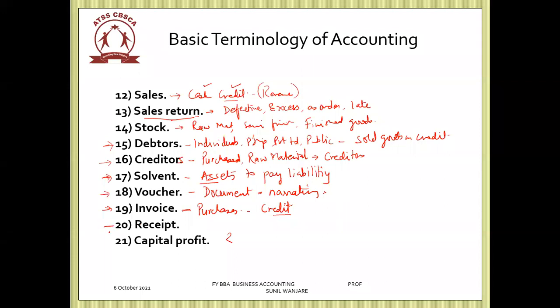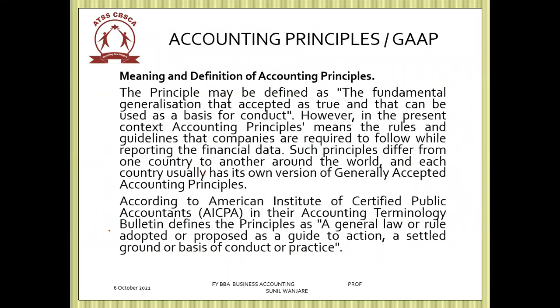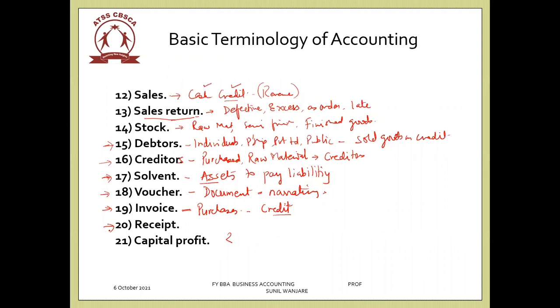Then what is a receipt? A receipt is a document, evidence that we have received money. It could be a cash receipt or a bank receipt. When I receive cash from any of my suppliers and he wants evidence that I've paid money, I will prepare a cash receipt.